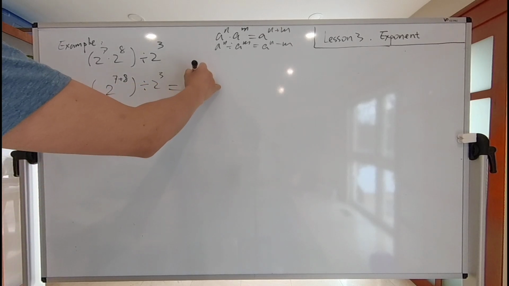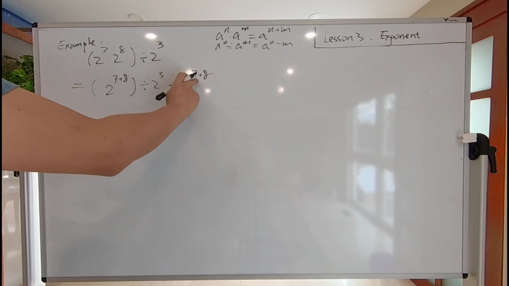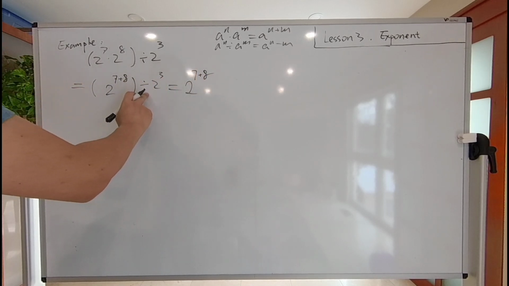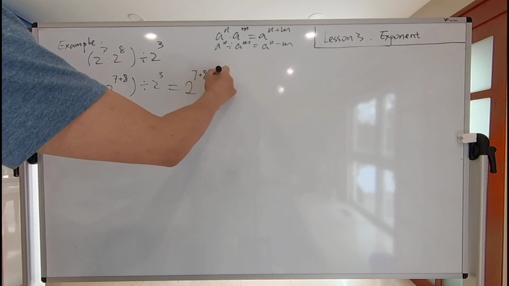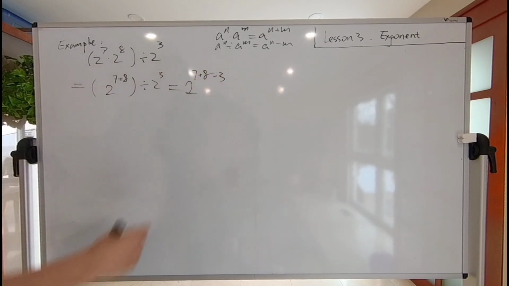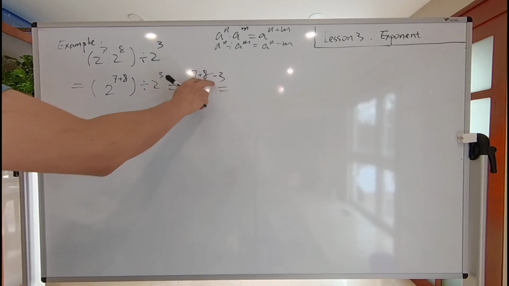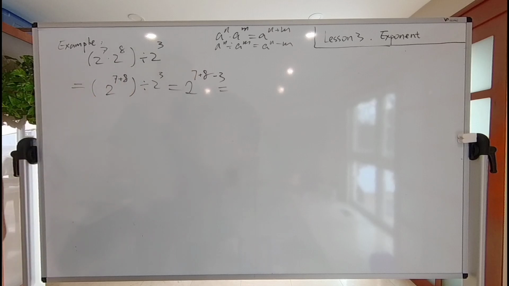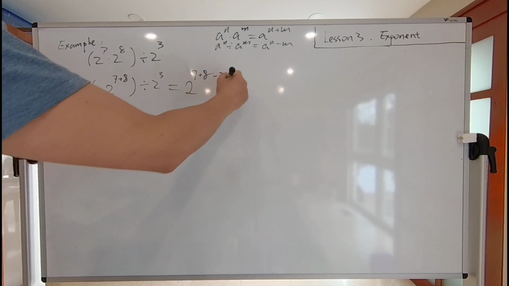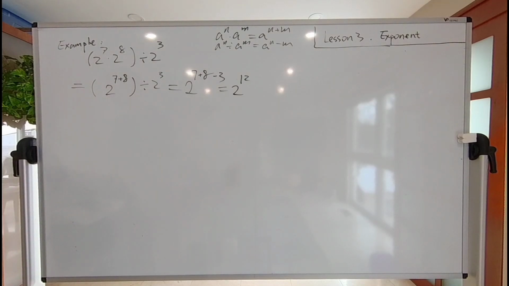Then I further have the first term with the power of 7 plus 8. Now it's divided, and divided means minus the same power. And then just simplify by grouping this number into one. So it's 15 minus 3, so it's 2 to the 12th power.